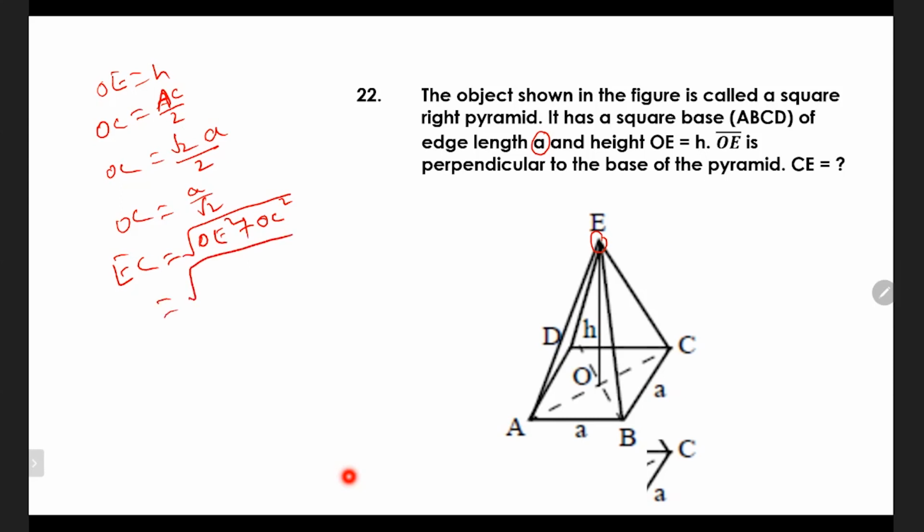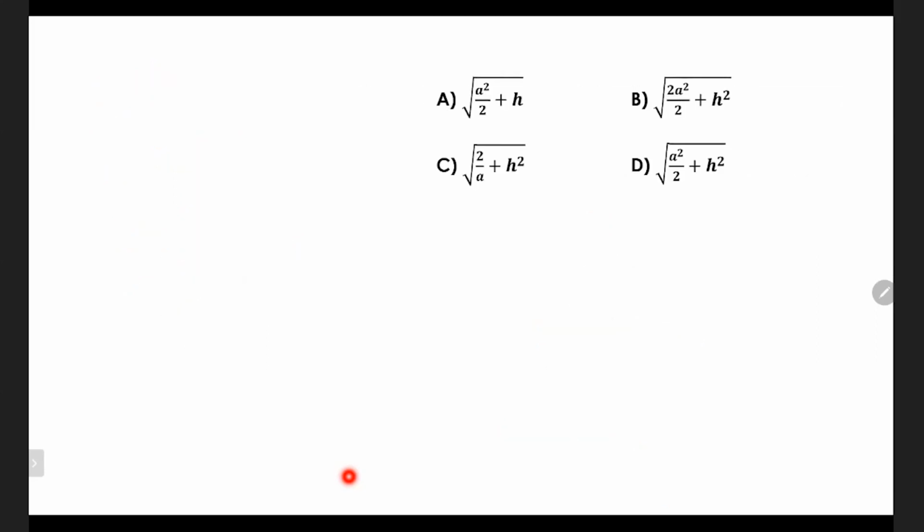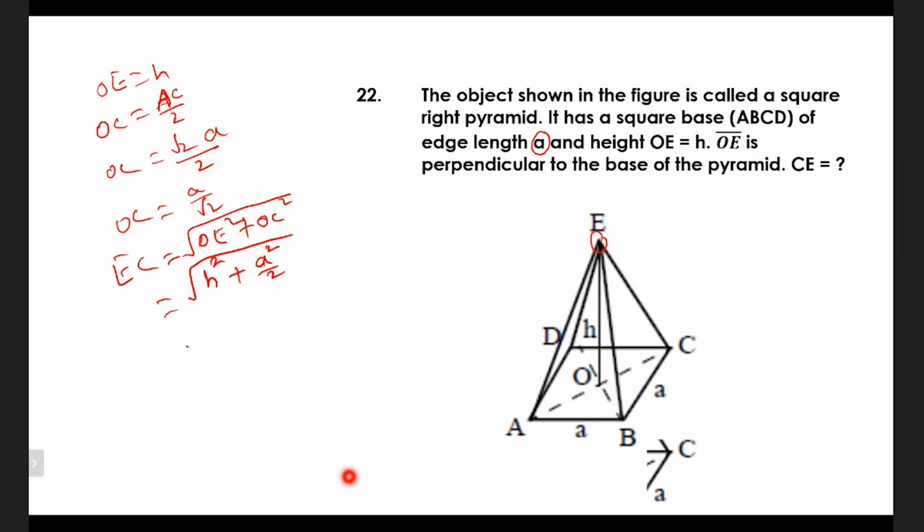That is root of H square plus A square by 2. So this is the final answer. So A square by 2 plus H square under root, option D. So note the process.